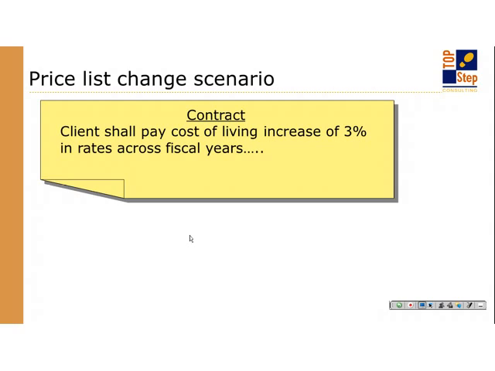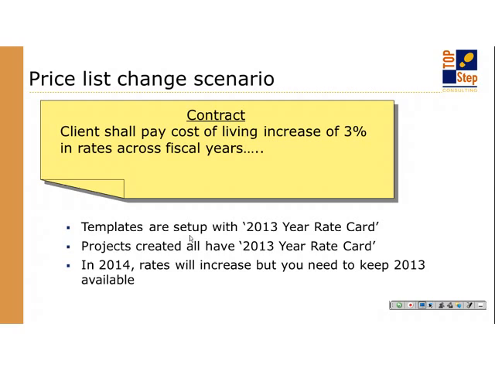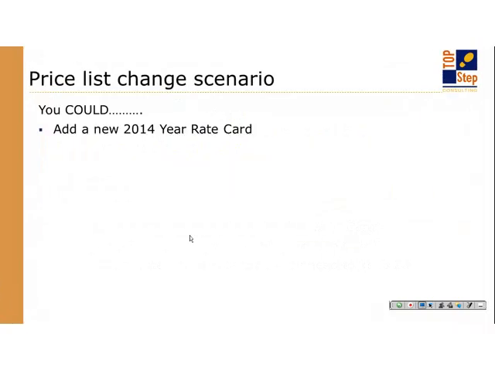Okay. So to handle your initial startup of the situation, you've basically set up a 2013 year rate card. And then of course all the projects are set up pointing to that rate card. And in 2014 the rates are going to increase. So naturally you may go, okay, well of course the obvious thing is create a 2014 rate card.